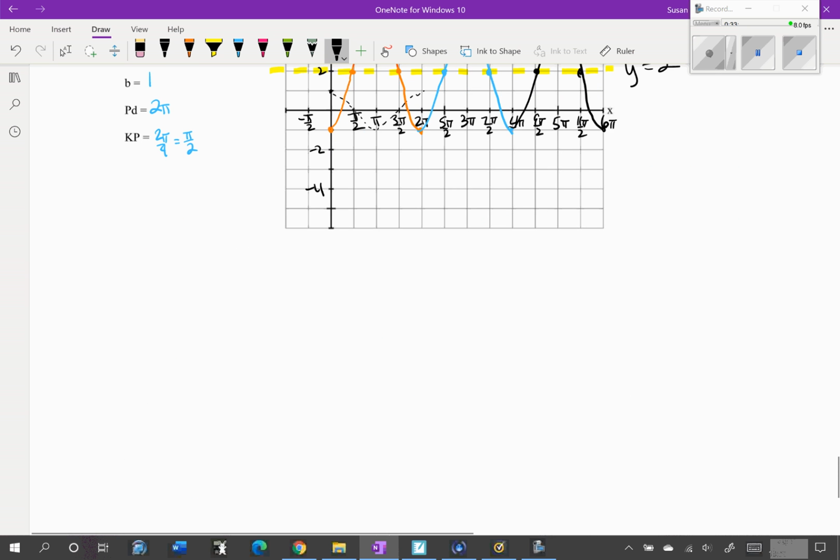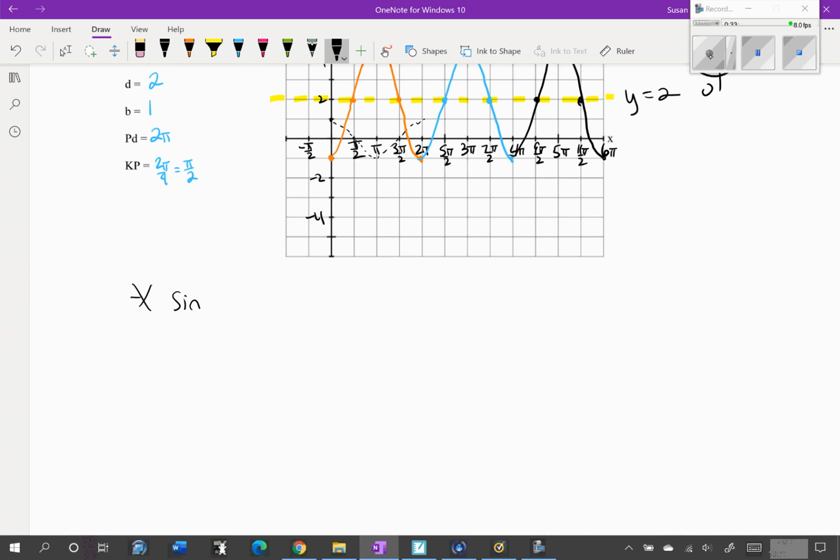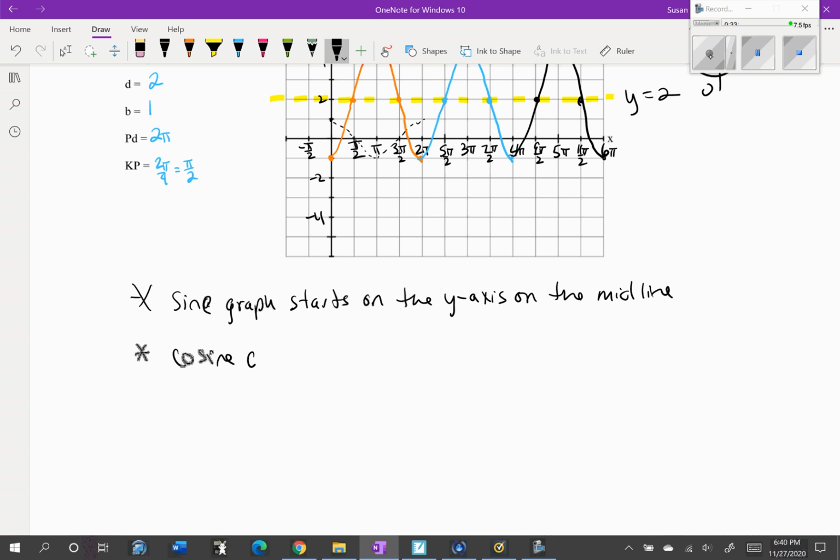So your sine graph starts on the y-axis on the midline and goes up or down, and cosine graph starts above or below the midline on the y-axis.